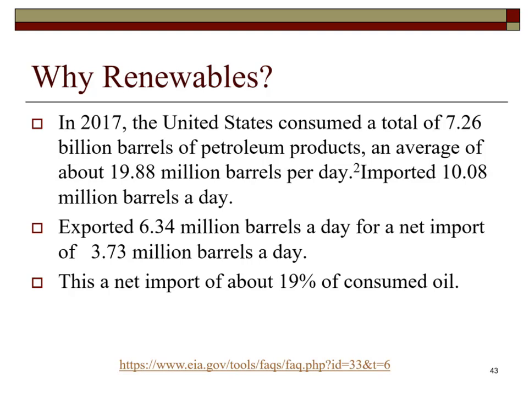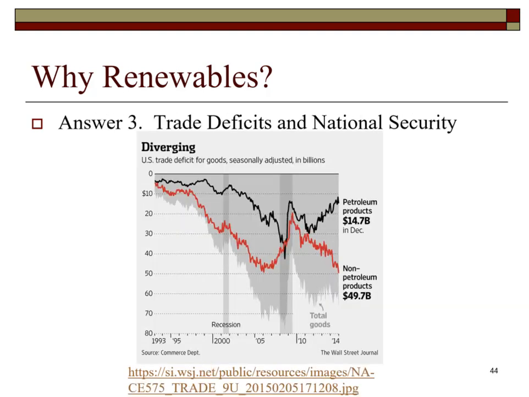This is a net import of about 19% of consumed oil. The U.S. is the largest consumer of oil in the world, burning through 19.88 million barrels per day. Even if the U.S. produced all petroleum products domestically, Americans would still feel the shocks from market volatility. Oil is a global market, and market prices prevail regardless of origin.